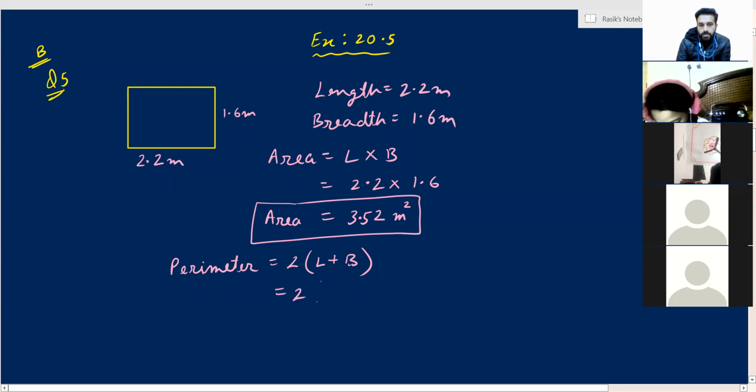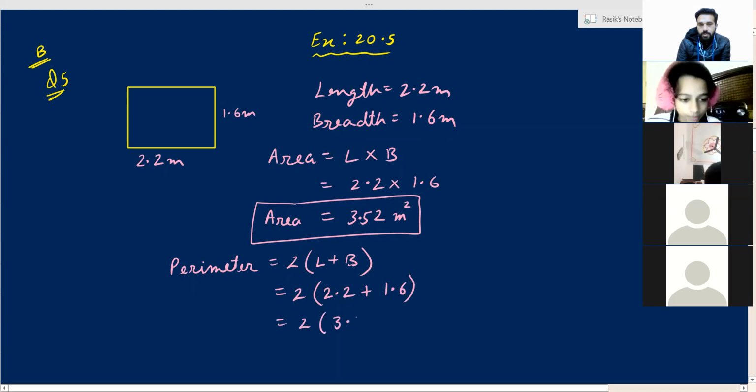2 into (L plus B). L is what? L is 2.2 and breadth is 1.6. When you add 2.2 and 1.6, you get 3.8. Now 2 bracket 3.8 means 2 multiplied by 3.8. We get 7.6 meter. So this is the perimeter.